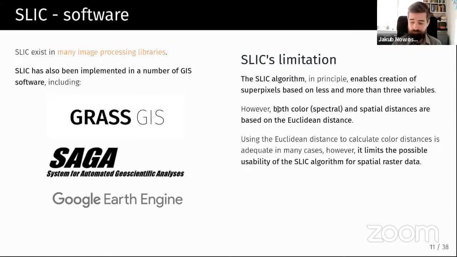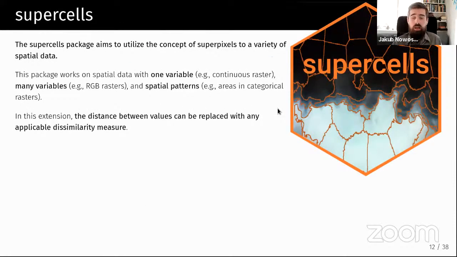And that's why in the last few months, I've been working on a new R package, which, on one hand, gives this SLIC algorithm to people who work in R. But on the other hand, for me, this package is also a way to work on how we can extend this SLIC algorithm.